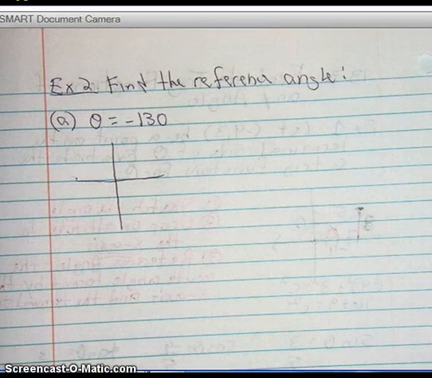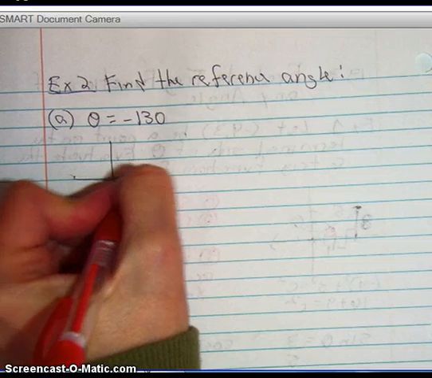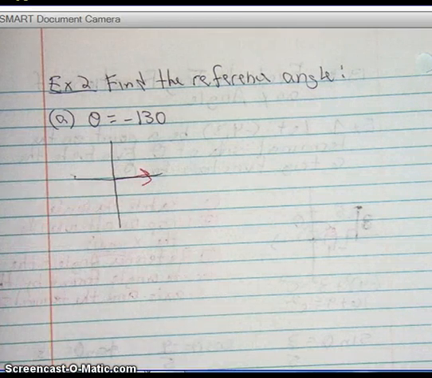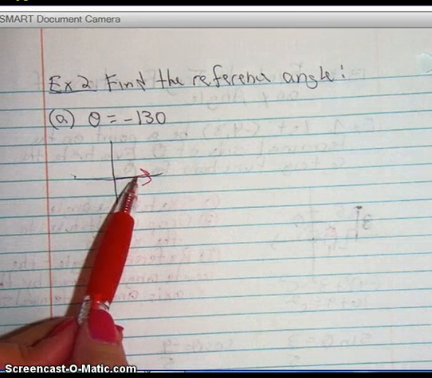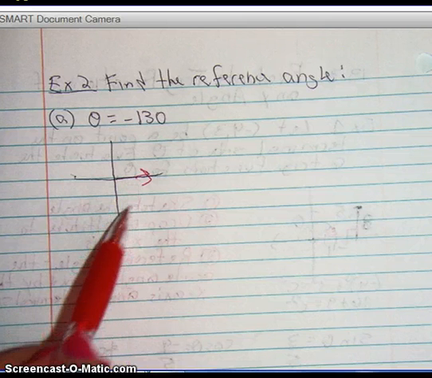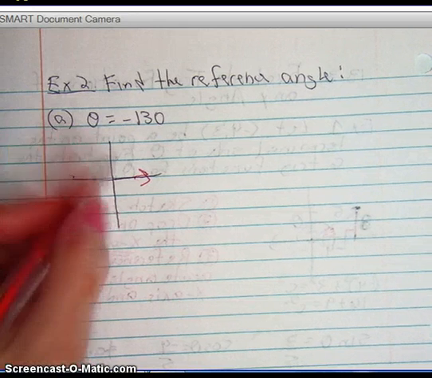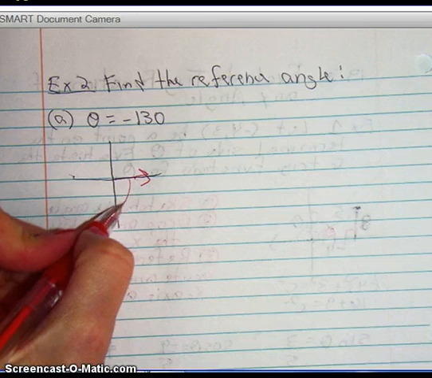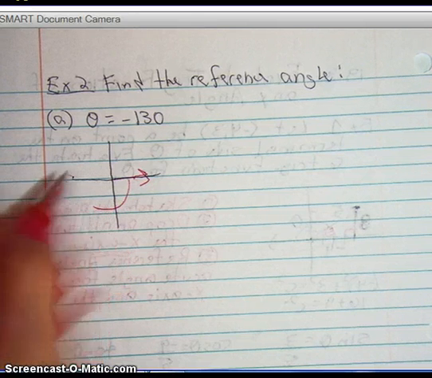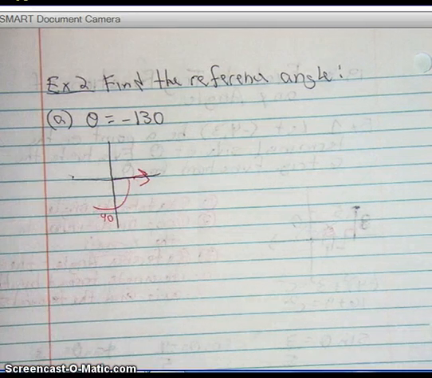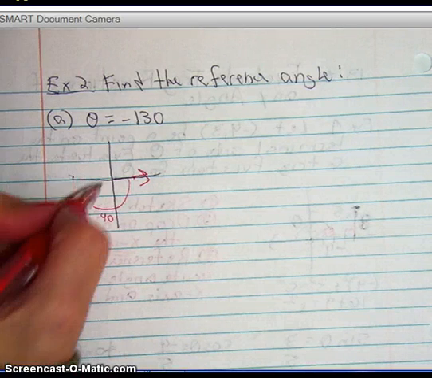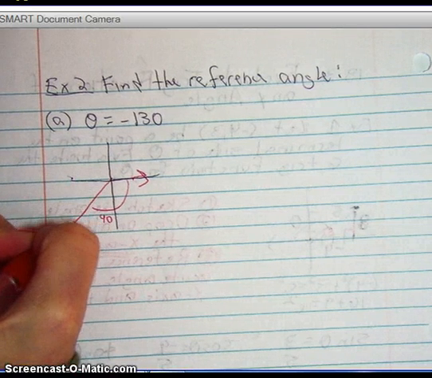Draw theta in standard position. So initial side. Now, negative means we have to go clockwise, right? So 90. Now, how far past 90 is 130? 40 past. So now we have to go 40 past. Now I would put a 40 right there, so I know I'm 40 past. Draw your terminal side.